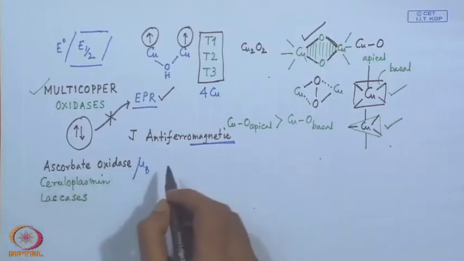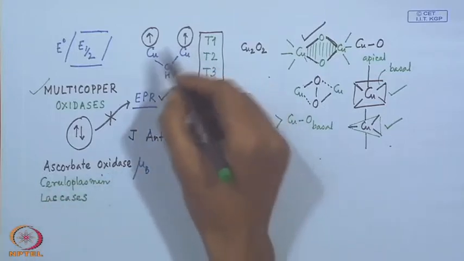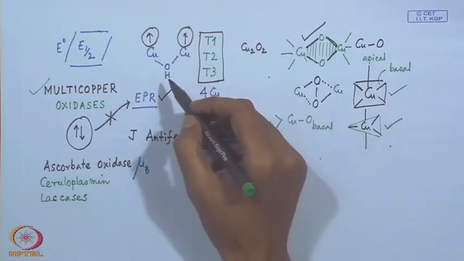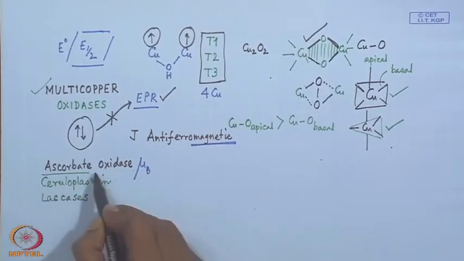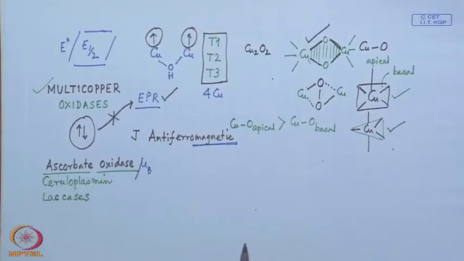So, this particular part, that means how the same copper site which is being utilized for tyrosinase activity can be utilized for ascorbic acid oxidation also. We know that ascorbic acid is a very good reducing agent, and it can be utilized for ascorbate oxidation.